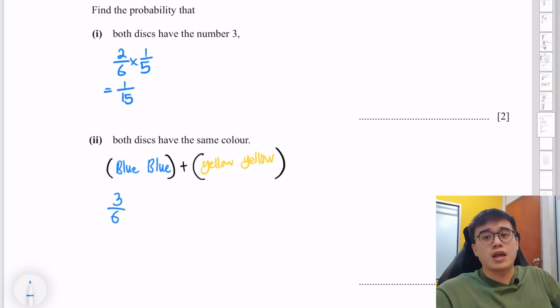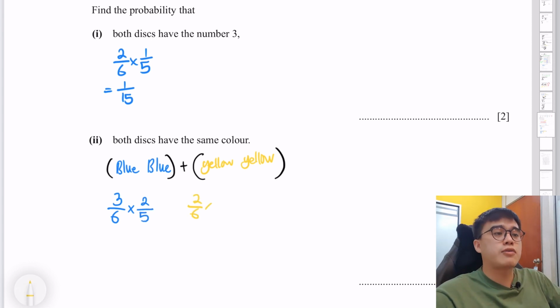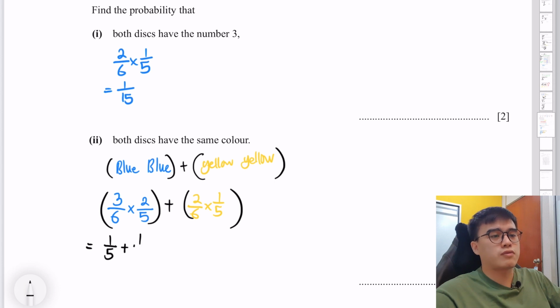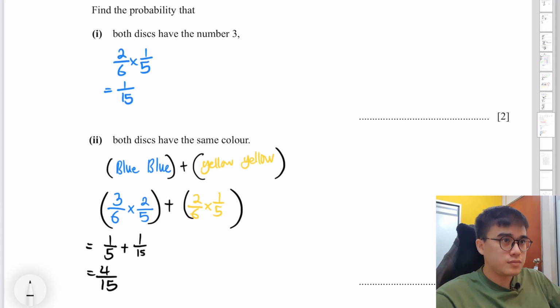So that's for the scenario where blue disc was selected. Move on to the next scenario. We have yellow disc. We have 2/6 times 1/5. Your result should be 1/5 plus 1/15. When you add them both up, it will be 4/15 as your final answer.